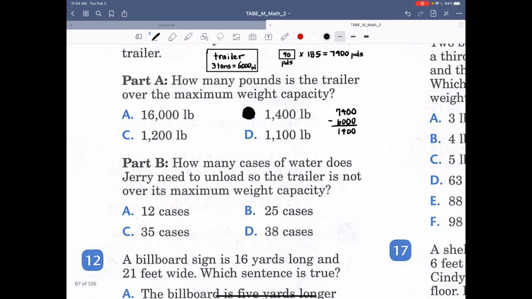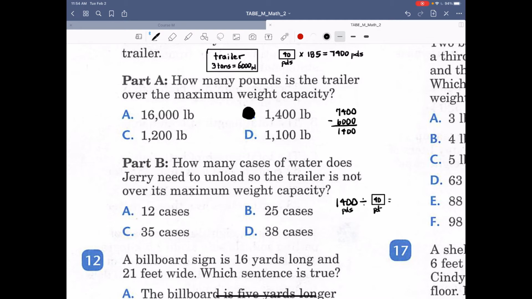Part B. How many cases of water does Jerry need to unload so the trailer is not over its maximum capacity? So I'm going to say 1,400, that's the overload, divided by, remember these cases are 40 pounds. 1,400 is pounds. 40 is pounds.